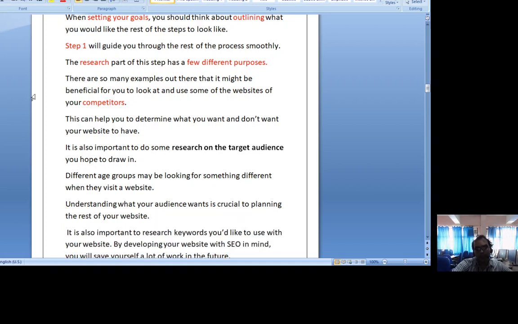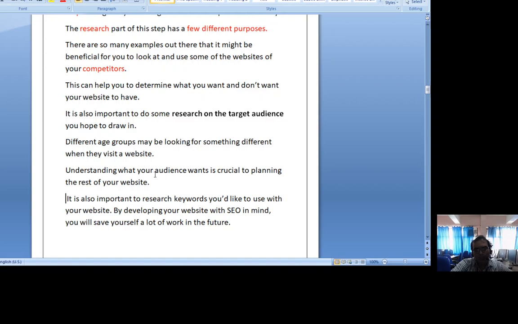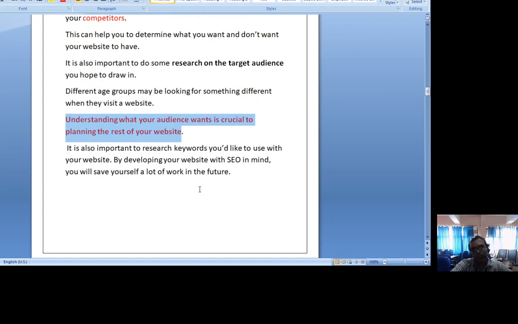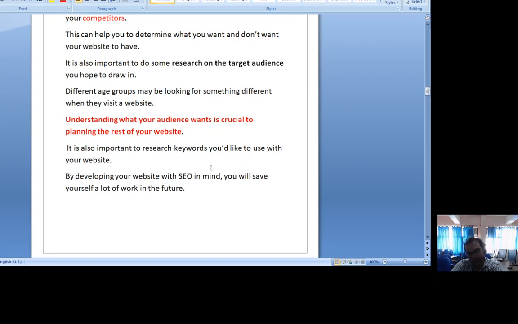Let's move ahead. Understanding what our user wants is a crucial phase of planning, and it really helps us pace out the rest of our website. So it is important to research keywords. Now, what are keywords actually? Let's assume we are building an e-commerce website focused only on the kids zone, kids' requirements.